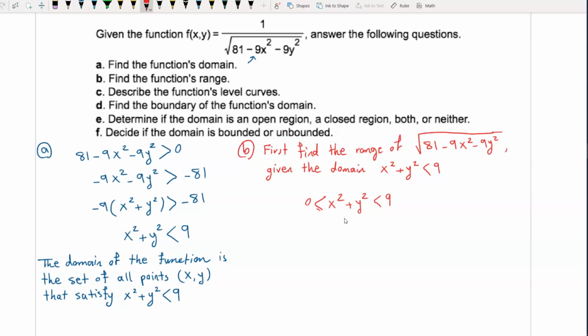Now I'm going to multiply by negative 9. So negative 9 times 0, negative 9 times x squared plus y squared, and negative 9 times 9. Because of multiplying by a negative number, we should change the direction of the inequality. So here we have negative 81, but we should change this less than to greater than. That's why we're going to write negative 81 here.